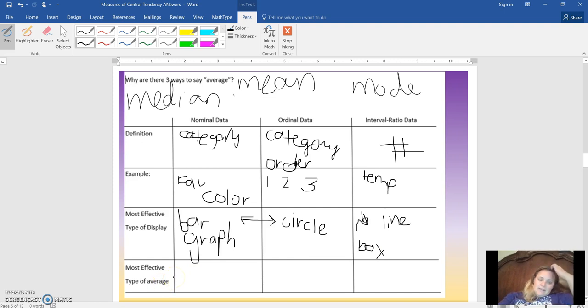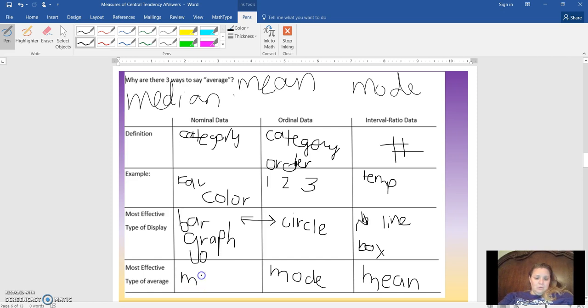All right, and then the most effective type of average. For interval ratio, it's mean. It's literally the average. Add them up and divide by how many there are. For ordinal, you're looking at categories, like how many happened in each category, and so it's really mode. And nominal, same thing, mode.